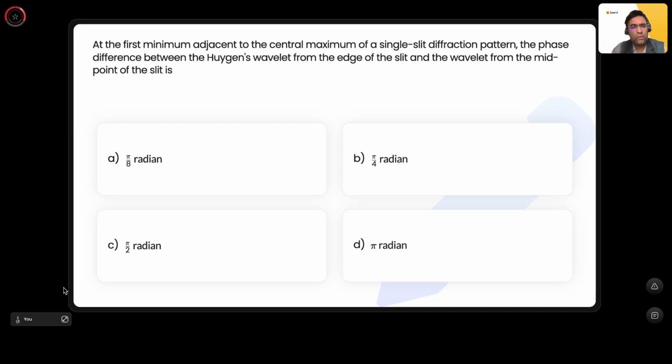The phase difference between edge and the midpoint of the slit is pi, because path difference between the edge and the midpoint is lambda by 2. सो ये आपको याद रखना है कि the phase difference between the wavelet at the midpoint and the edge जो होता है वो pi radians के बराबर होता है. Just remember this. Okay. Because the path difference, अगर आप देखेंगे तो, it is lambda by 2. ठीक है.